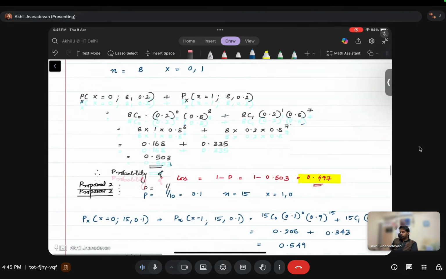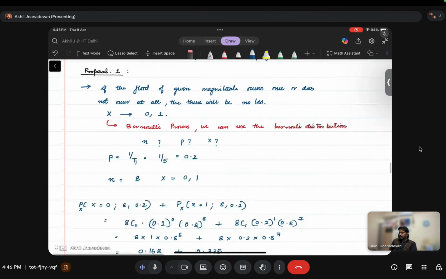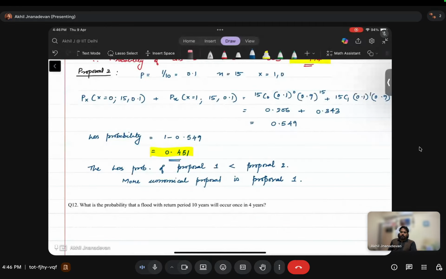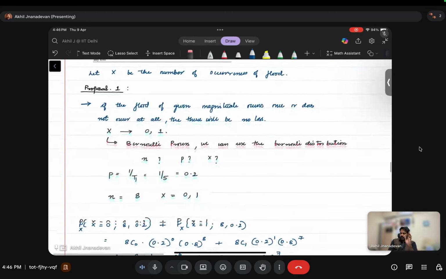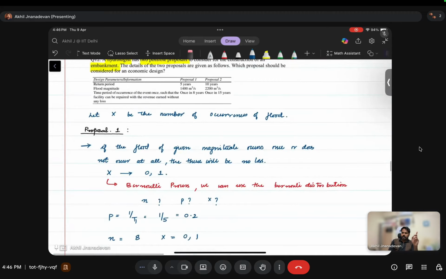Okay, that is how we computed the loss probability for both the proposals. The thing is that we have to define the random variable, and then come up with the possibilities. Here X can take only two options, 0 and 1, because in the return period it can occur only once in 8 years, right?